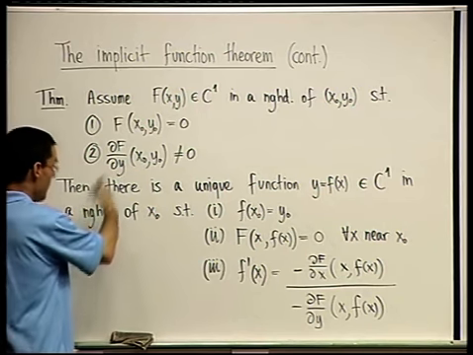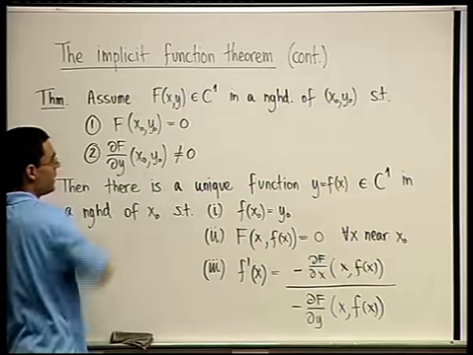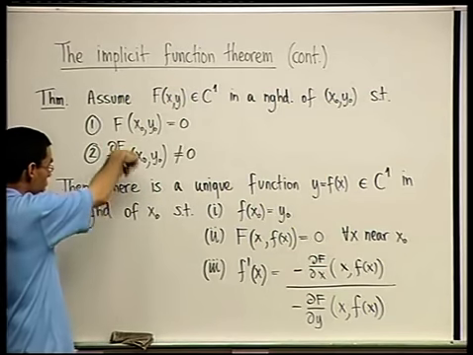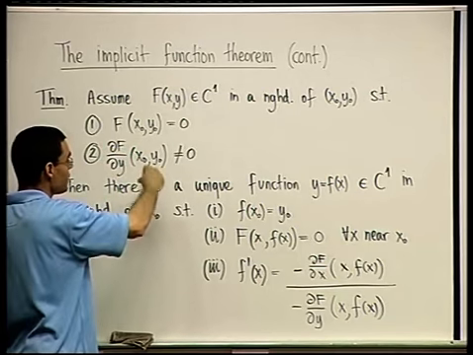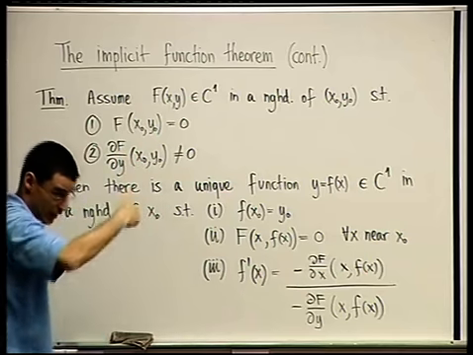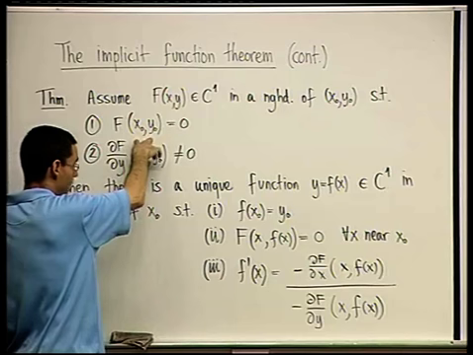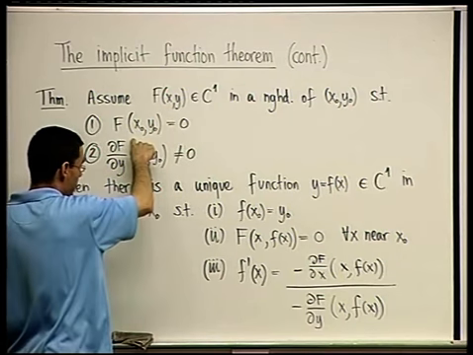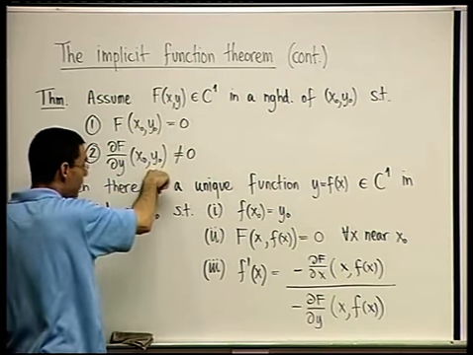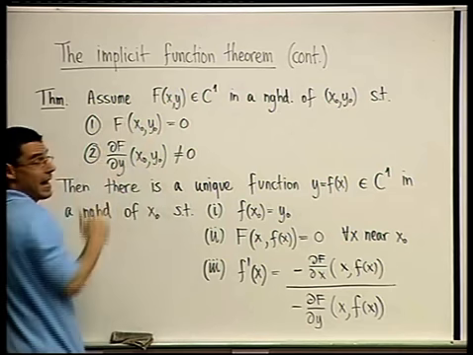And we demonstrated in an example why these two conditions precisely tell us that we're looking at a point at which we're interested to express y as a function of x, and why nothing bad happens at that point.